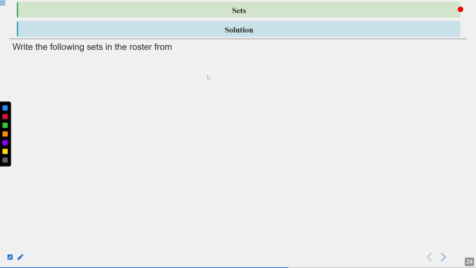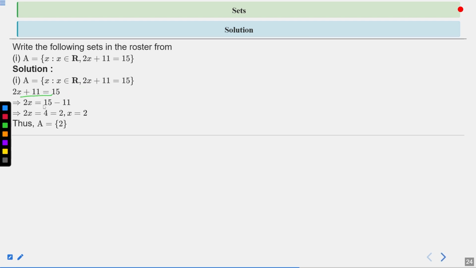Moving to the solution. First, A is your set builder form, collection of all x such that x belongs to reals and satisfies the linear equation 2x plus 11 is equal to 15. The solution is very simple: first of all solve this equation and see what the solution elements are, and align with the condition that they must be reals.